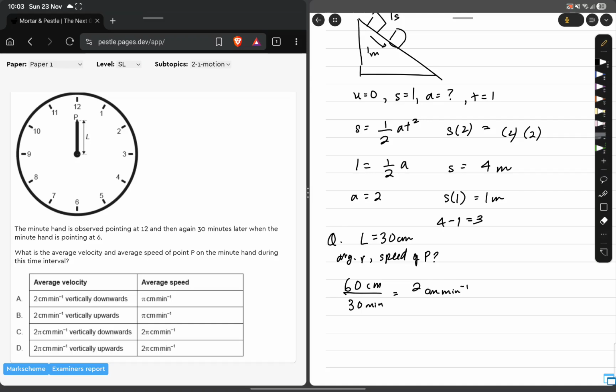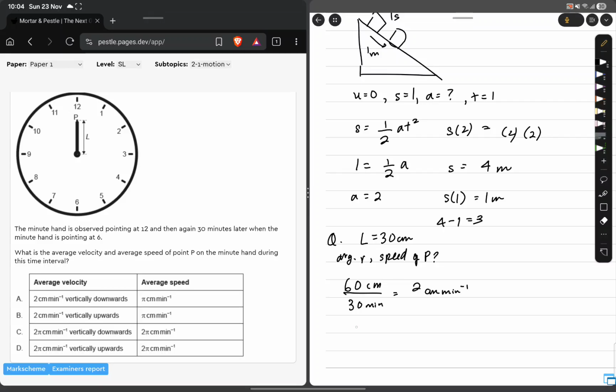And to find speed, it's going to be distance over time. So the distance is going to be the radius times the radians.